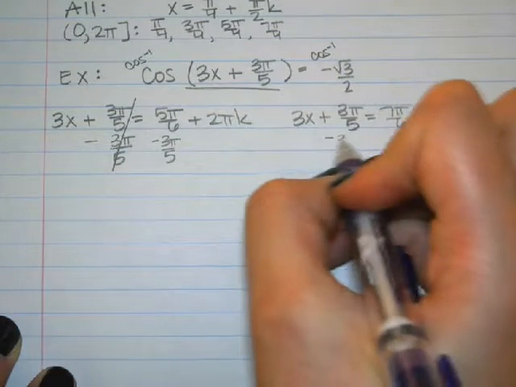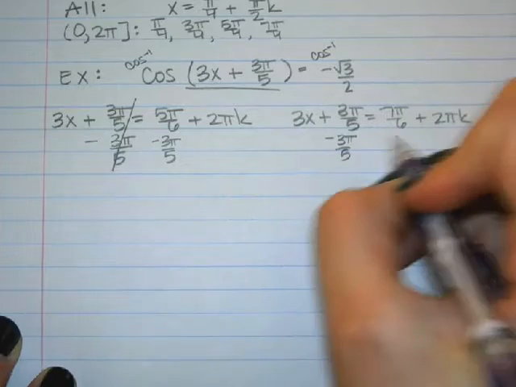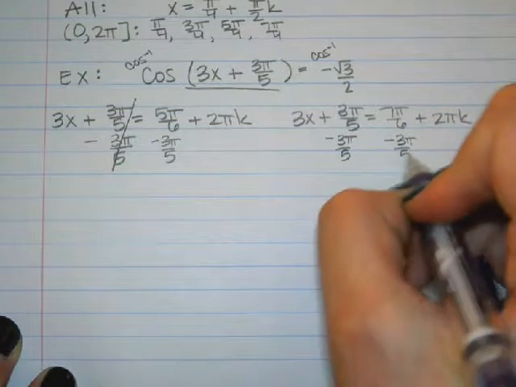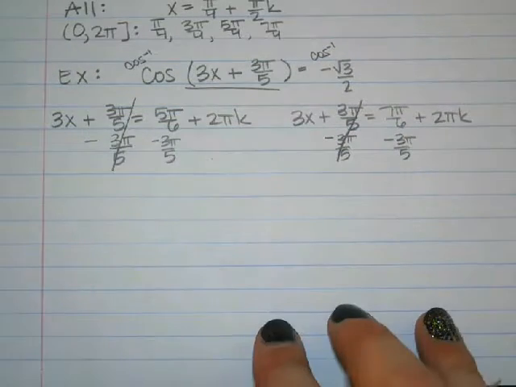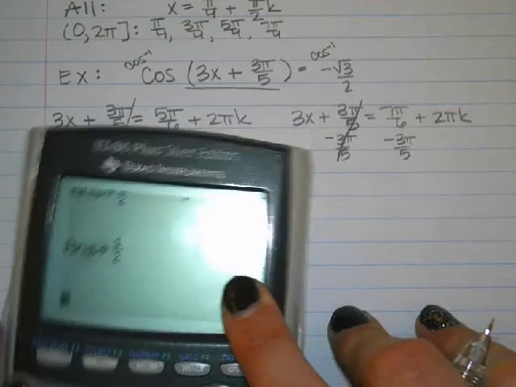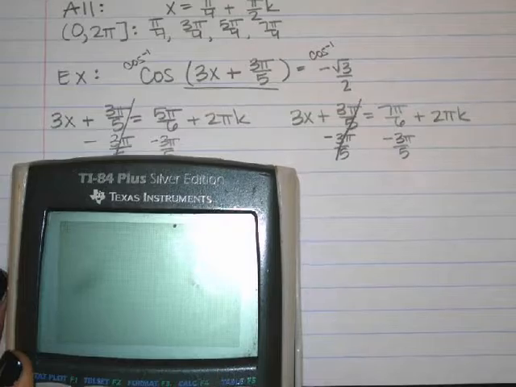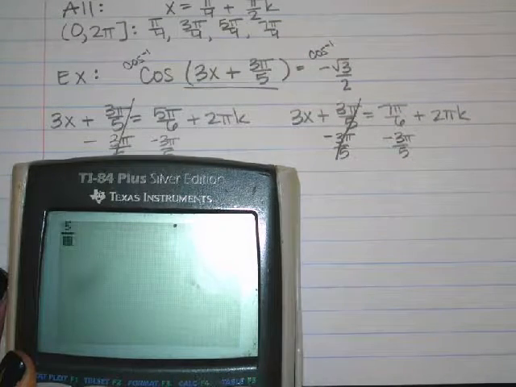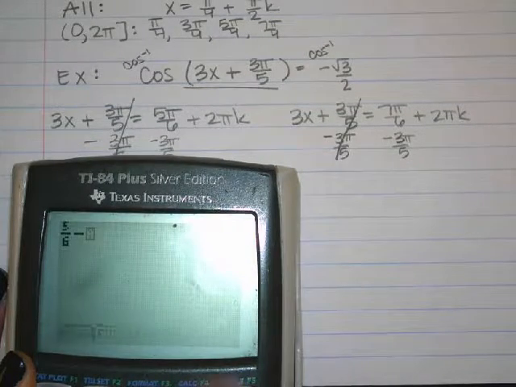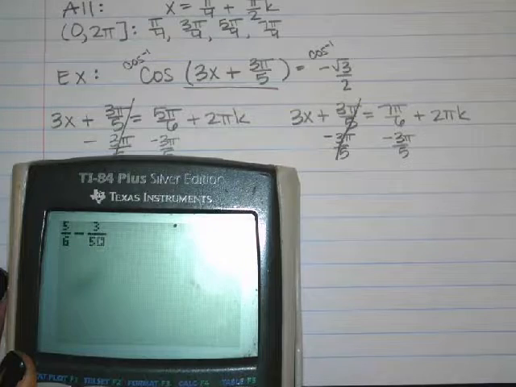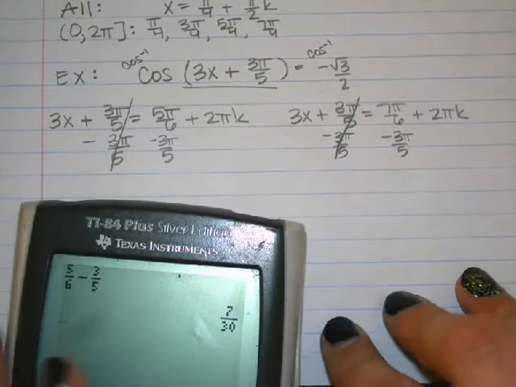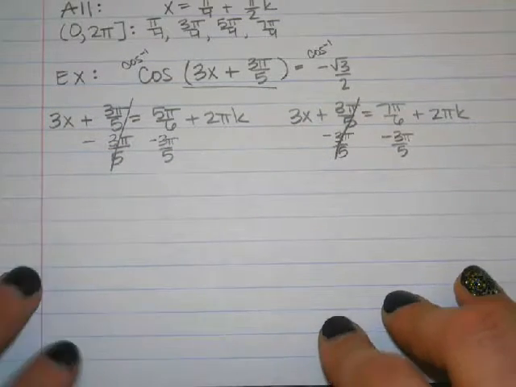So 5 6 minus 3 pi fifths. So 7 thirtieths. That's interesting.